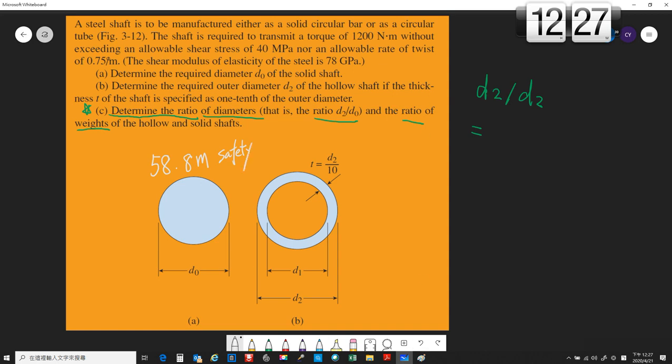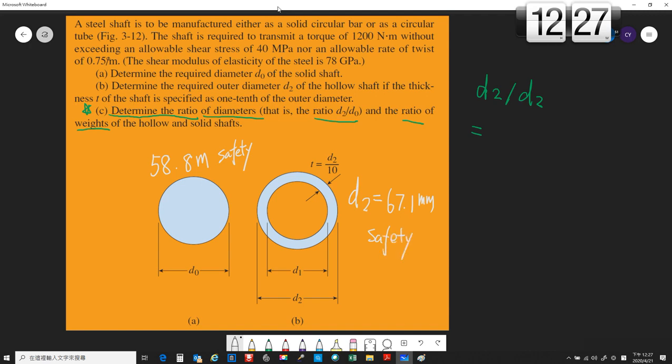And from the second question, after our calculation, the value of D2 is equal to 67.1 millimeter for safety.